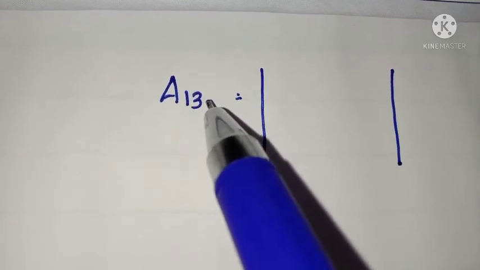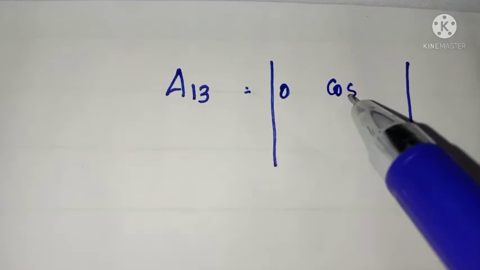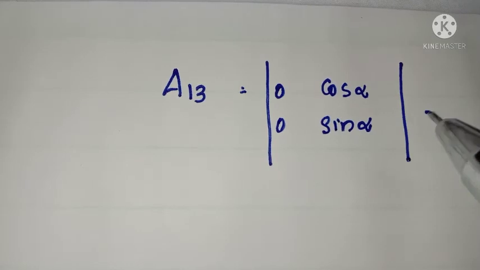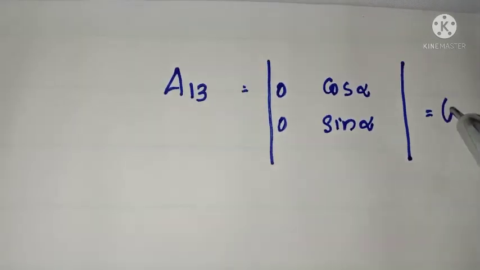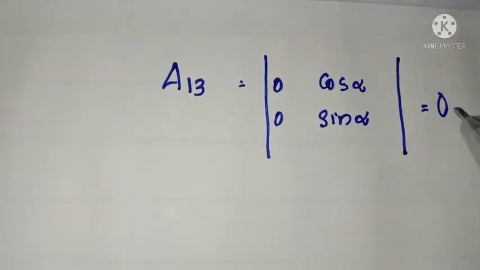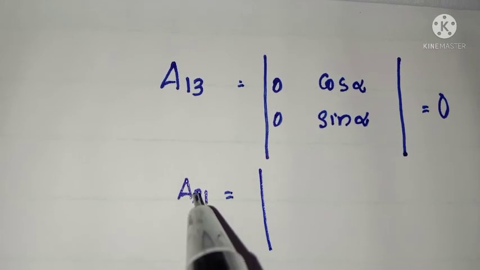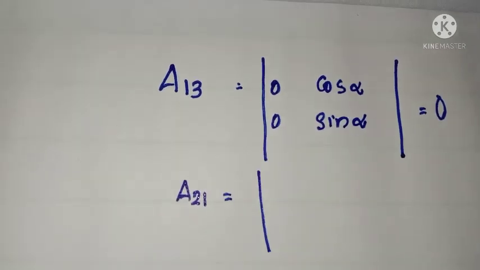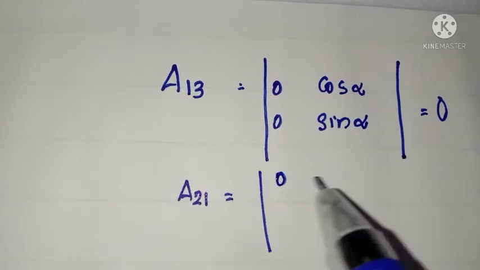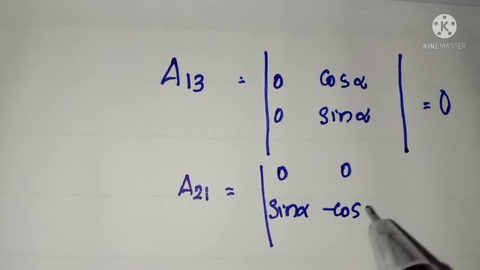Now A13. Deleting the first row and third column, we have the determinant [0, cos alpha; 0, sin alpha]. This gives 0 into sin alpha, 0, minus 0 into cos alpha, 0. So A13 is equal to 0. Now A21. Deleting the second row and first column, the determinant is [0, 0; sin alpha, -cos alpha].